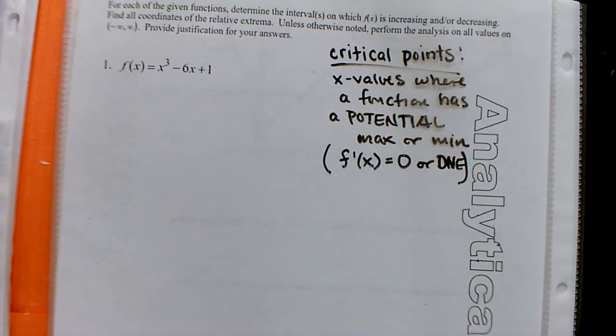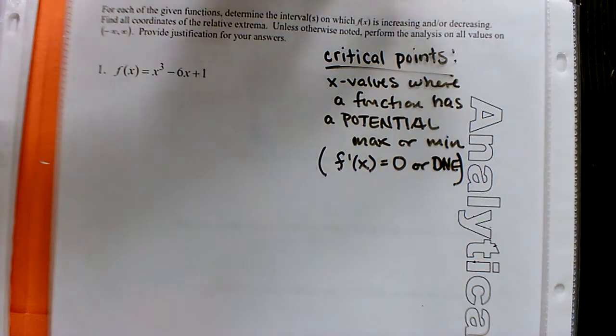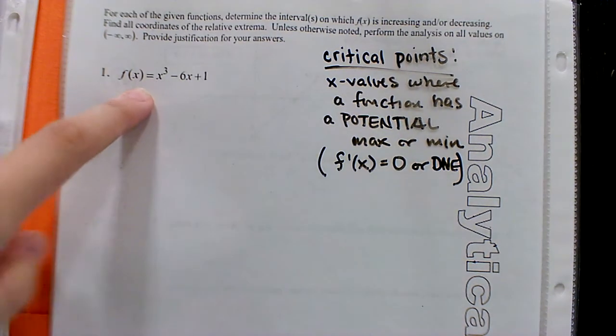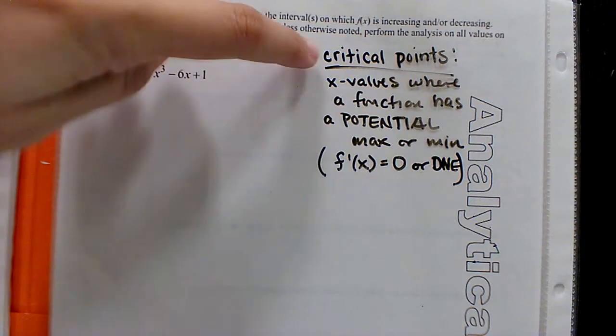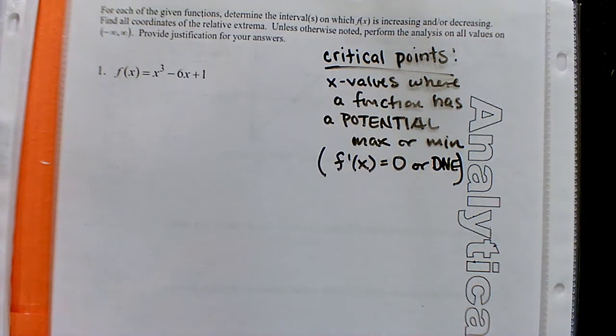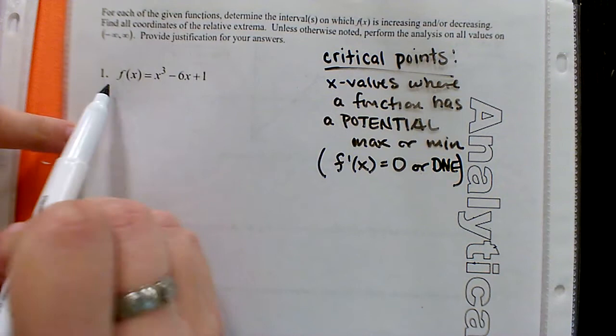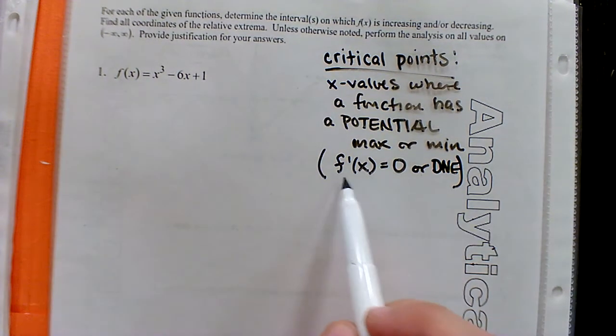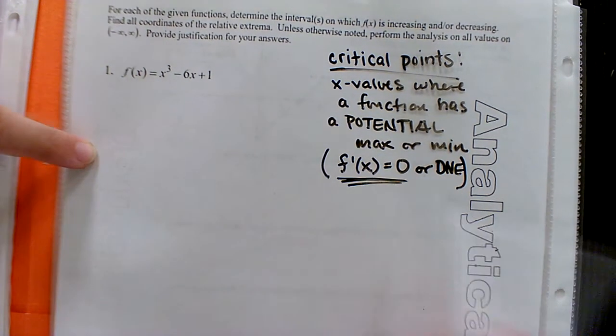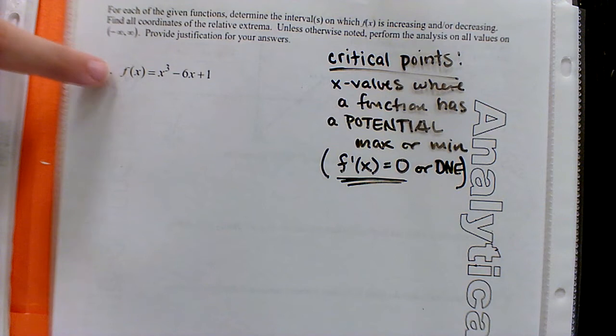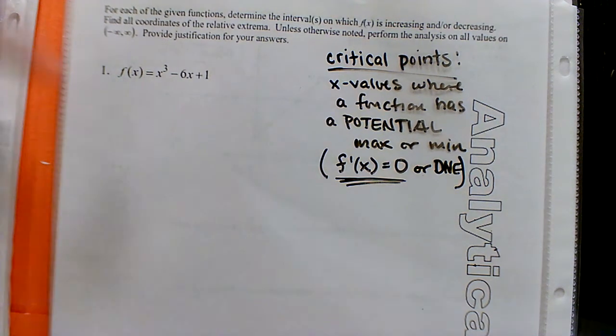So what we're going to do to help us figure out where this function is increasing or decreasing is first figure out the critical points. Where is there a high point or a low point? If this is our original function, we need to figure out where the derivative of this function is equal to 0.